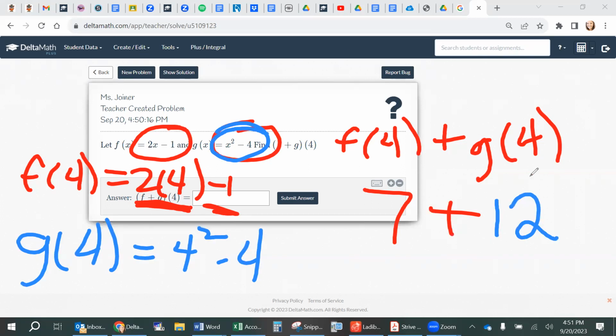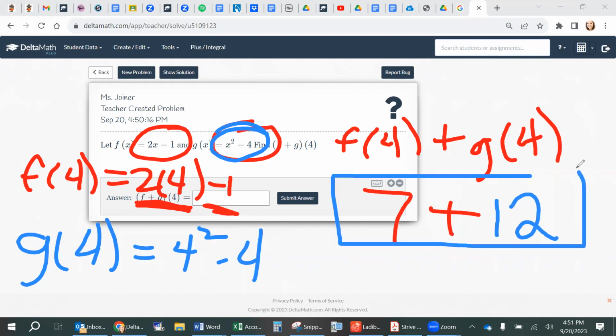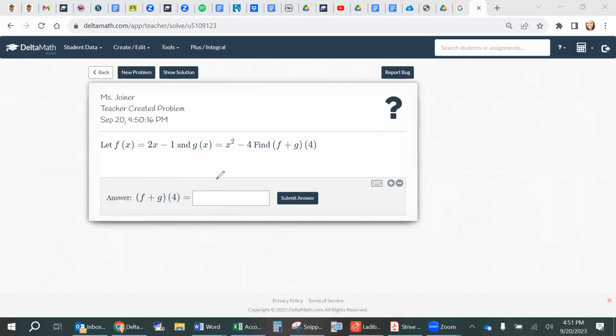Then you would take your 7 and your 12, add those up, your answer would be 19. Okay. So for those first questions, you're either adding, subtracting, multiplying, dividing, or maybe you'll get a composition. So the answer to question number 1 was 19.